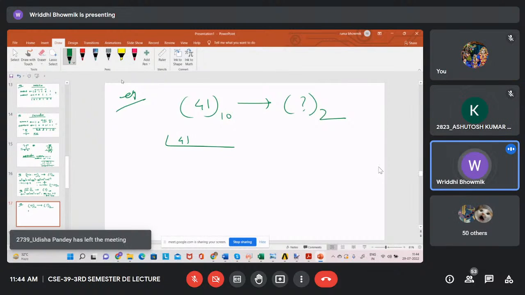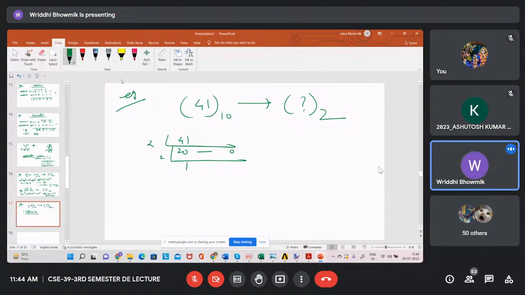So 41 divided by 2, that is 20. Then 2, just sorry, this is 1 actually. This is 2, 0. This is 2, 0. This is 2, 1. This is 2, 1, 0.